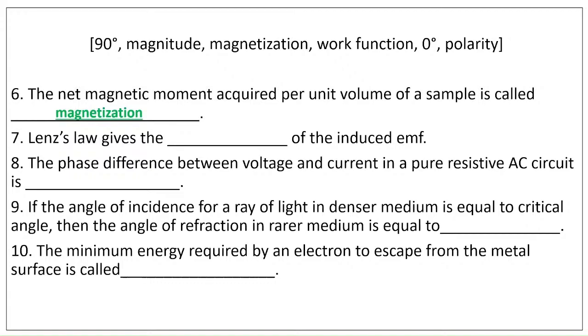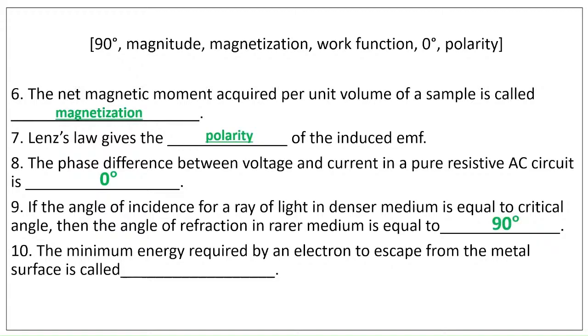Next. 7. Lenz's law gives the dash of the induced EMF. Answer is polarity. Next. 8. The phase difference between voltage and current in a pure resistive AC circuit is dash. Answer is 0 degree. Next. 9.